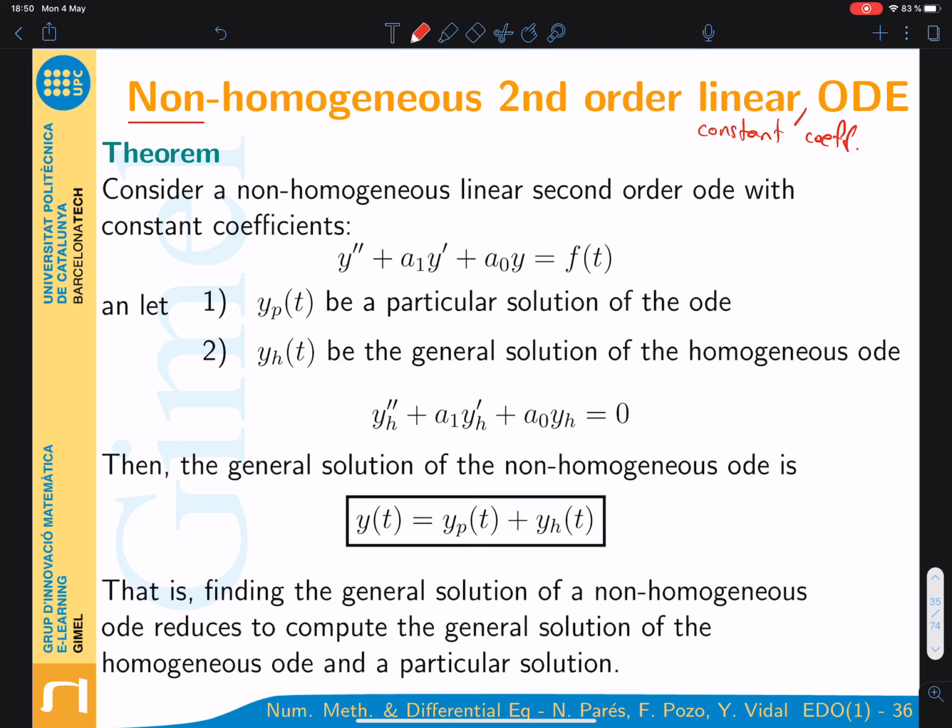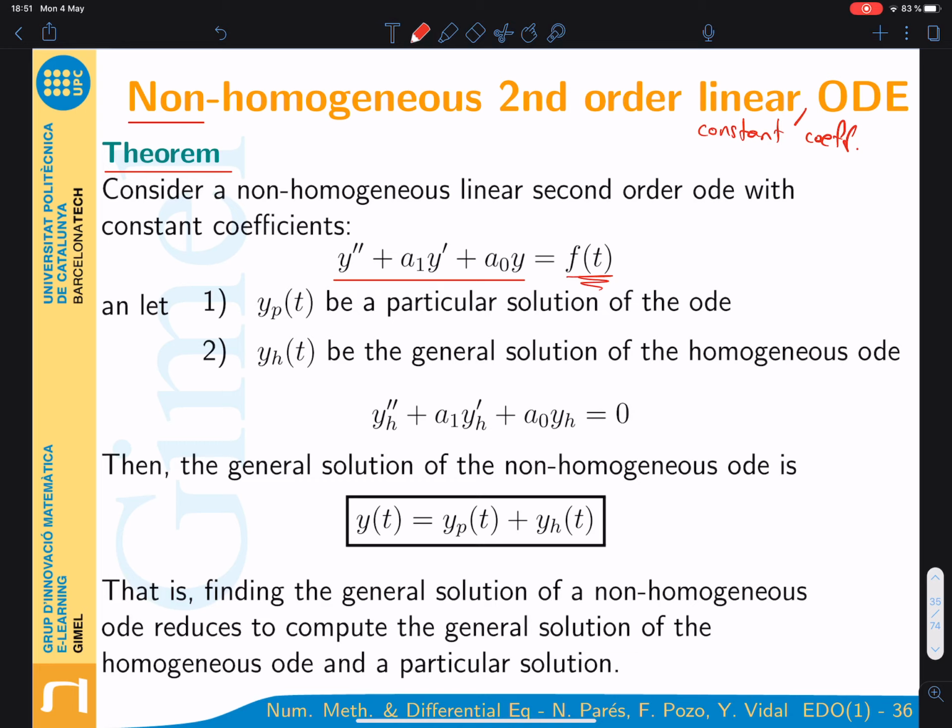We saw in the previous video lectures how to solve this very specific type of ODE when the right-hand side was equal to 0, but now it is not equal to 0, it is non-homogeneous. We will see that it is very easy to solve it, and we will prove how to solve it, using this theorem we have here, which is very easy to understand and very easy to prove.